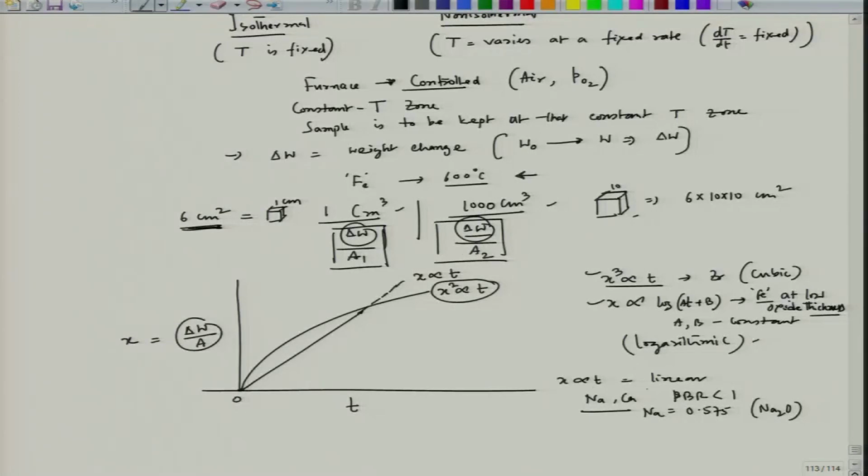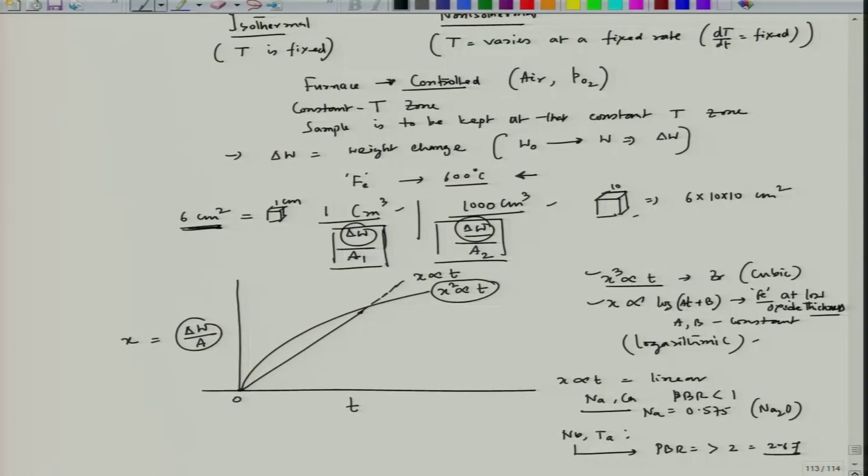So, this particular linear law is also possible in case of niobium or tantalum. For example, in case of niobium the PBR ratio is more than 2, close to around 2.67. Since the PBR ratio is very high, there could be a possibility of crack formation on the surface, and once the crack forms, the metal surface is exposed to oxygen and then the linear law can be experienced.